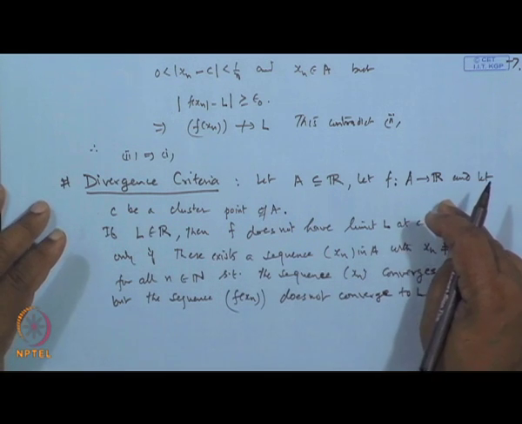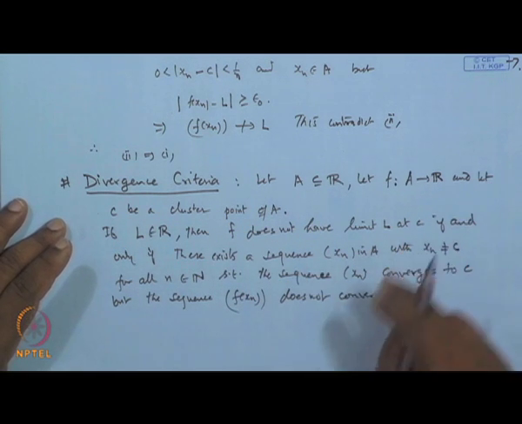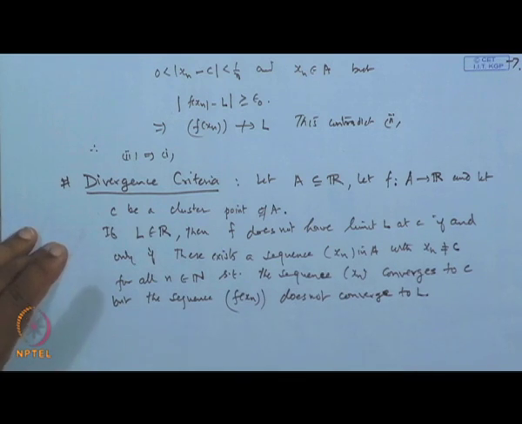The limit of the function f x when x tends to c is not equal to L, it means this will exist.